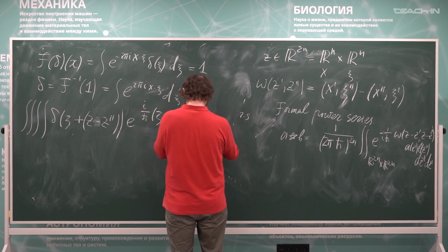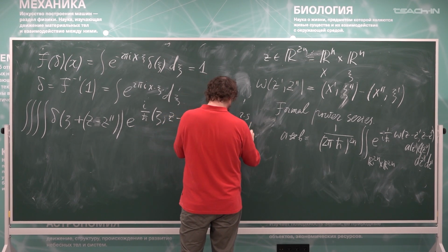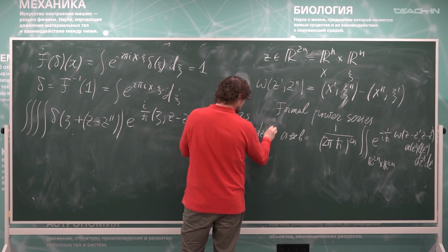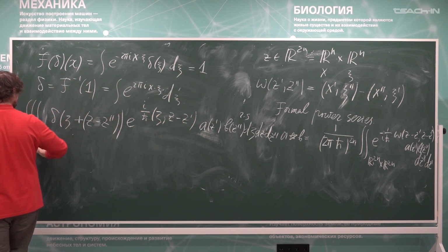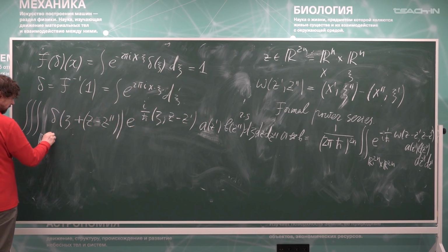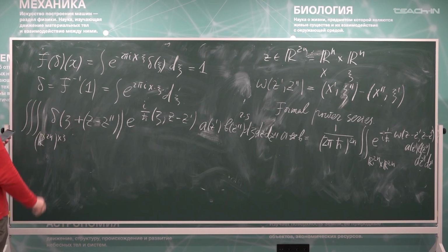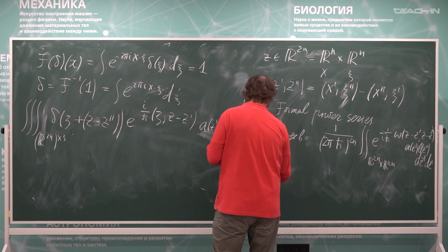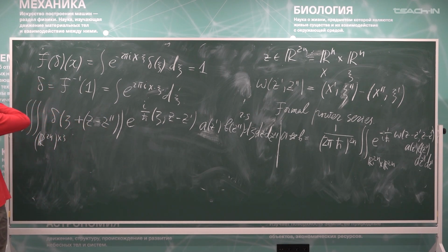A of z prime, b of z double prime, d zeta, d z prime, d z double prime. So this integral is over R to the power 3n, because I introduced this formal variable zeta just to be able to introduce this delta function here in the middle.